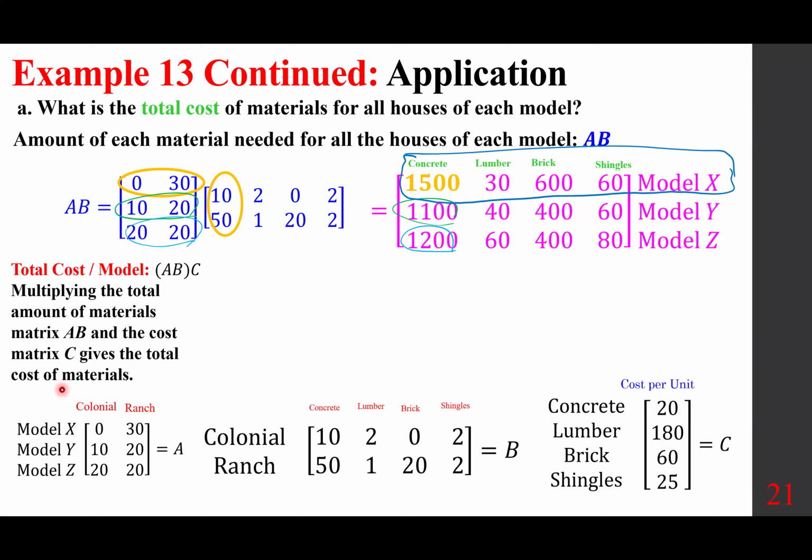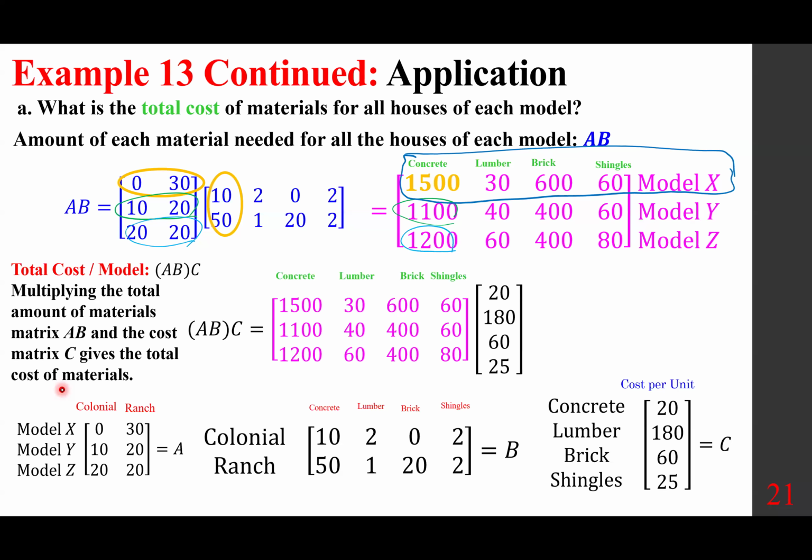So let's multiply. Notice what we have here. First, the dimensions. This is a 3 by 4. This is 4 by 1. And because this is 4 and this is 4, we can multiply them and the result will be 3 by 1.